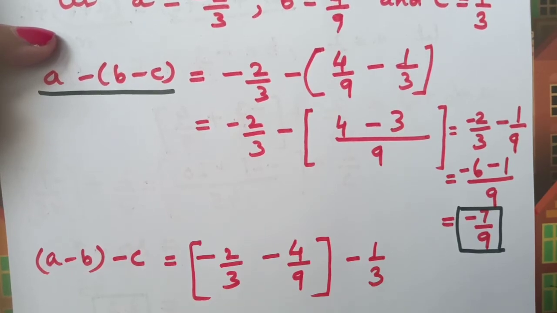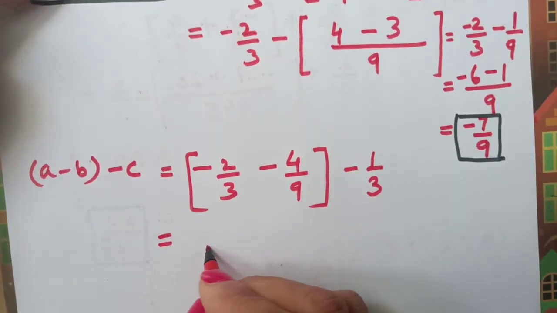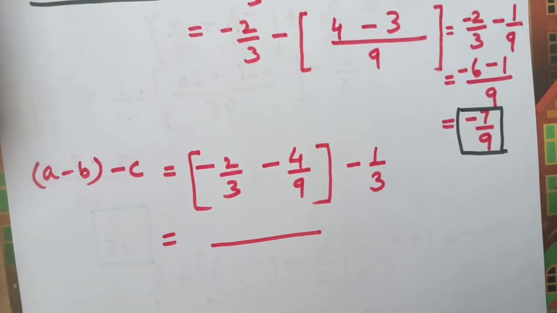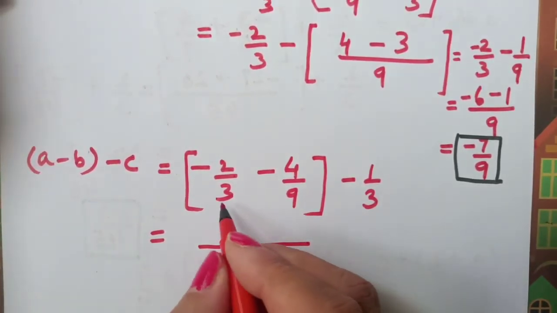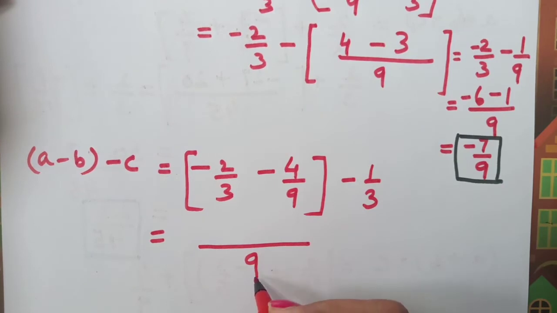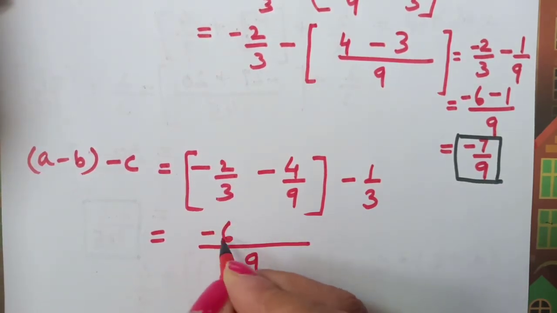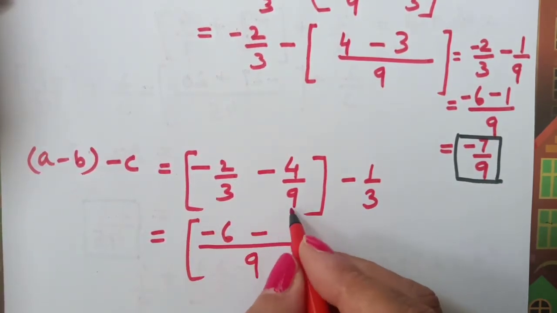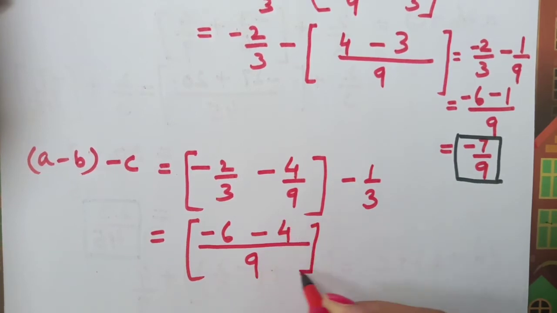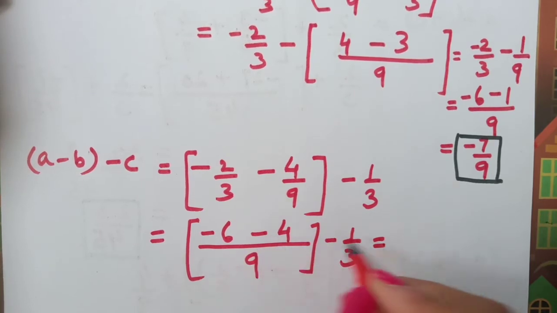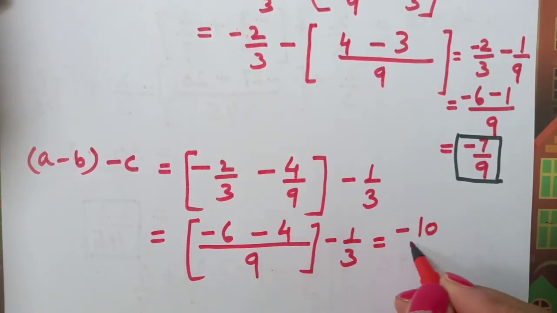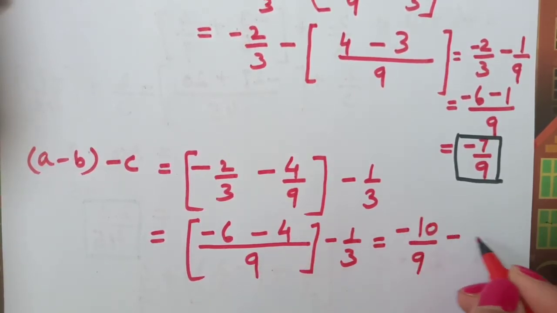Again we will take the LCM. It will be 9. 3 3s are 9. 3 2s are 6. -6 -4 will be -10/9 minus 1/3.